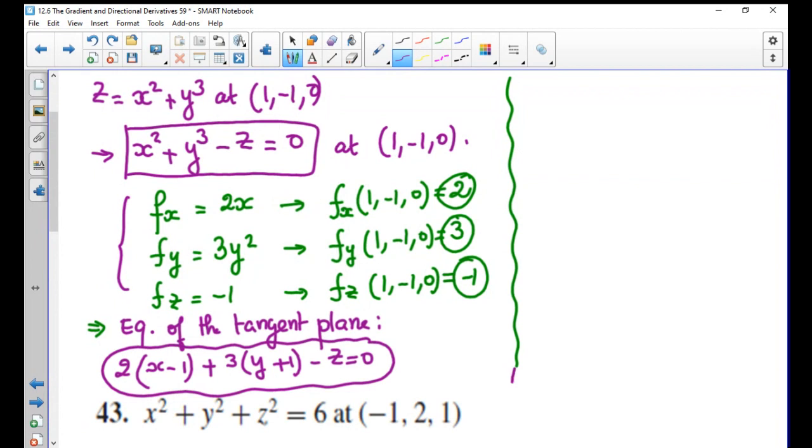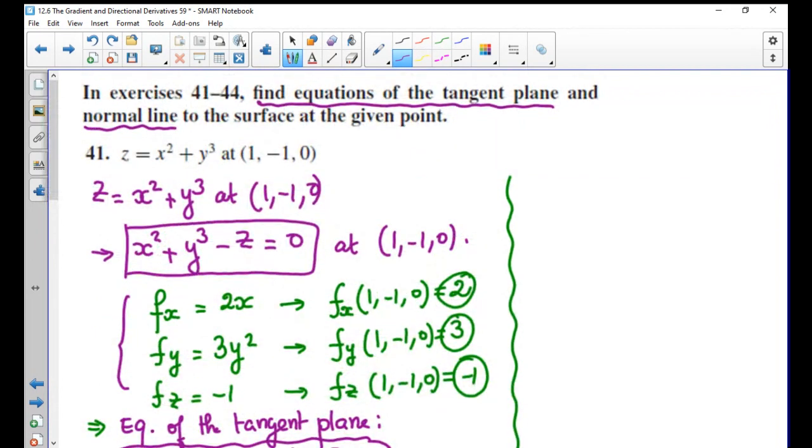Now, is that the end of the question? No, we need something else. We need the equation of the normal line. So now we need the normal line, which will be x minus 1 equal to 2t, very good.